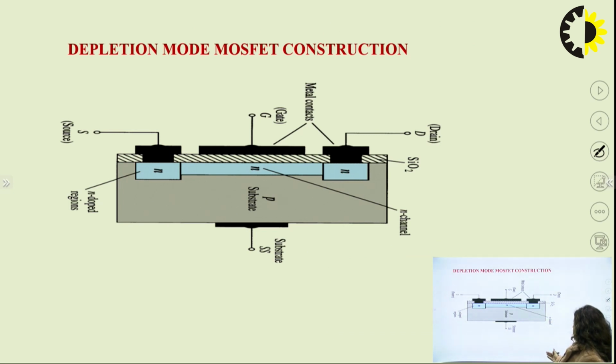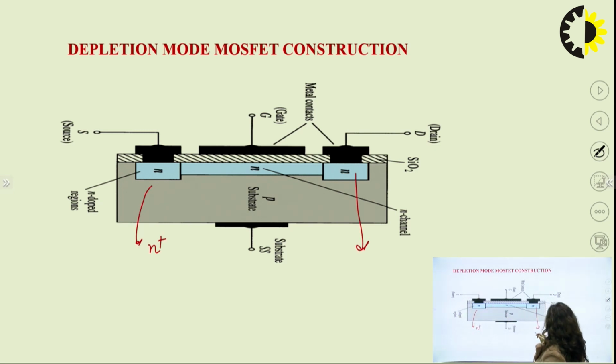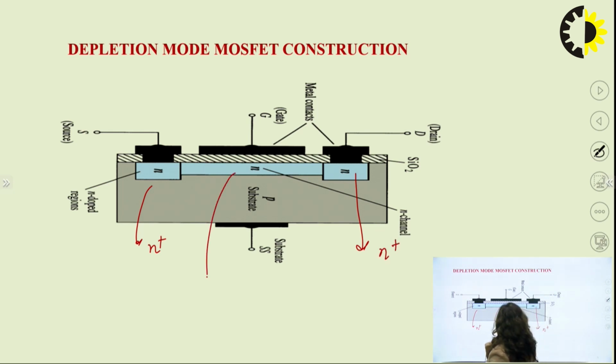The figure shows the P type substrate, the N type source and drain, and in between there is an N channel. The source is N doped, so it is represented as N plus. Similarly, the drain is also represented as N plus, and this particular portion is your channel.